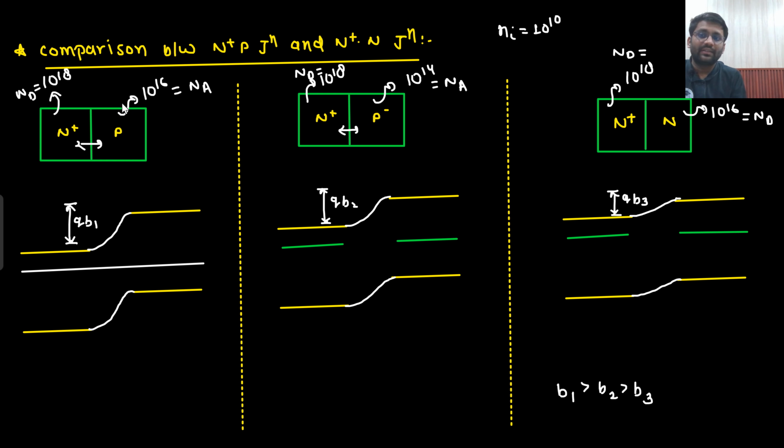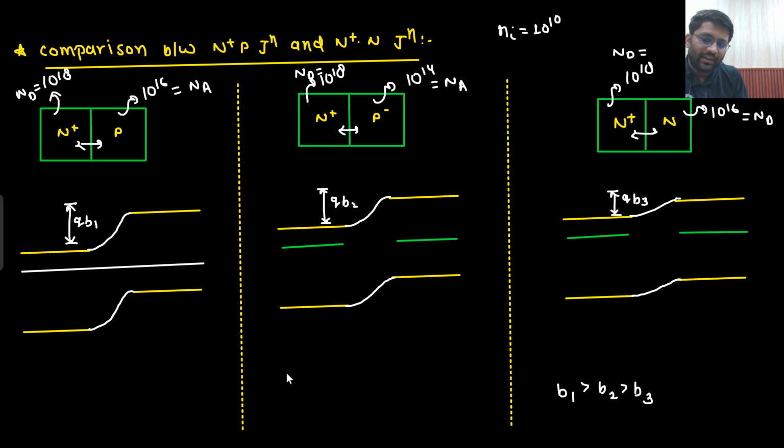They are also different, but they are very different. So if more difference is there, that means more barrier would be there. They are very less different. He is saying 10 to the power 18. He is saying 10 to the power 16. That means very less barrier is there. If both were the same, then there will not be any barrier, right? So this point we have already discussed, just to make you remember, because somewhere I am going to use it, that N plus N will have lesser barrier than N plus P. This is the line that is important.